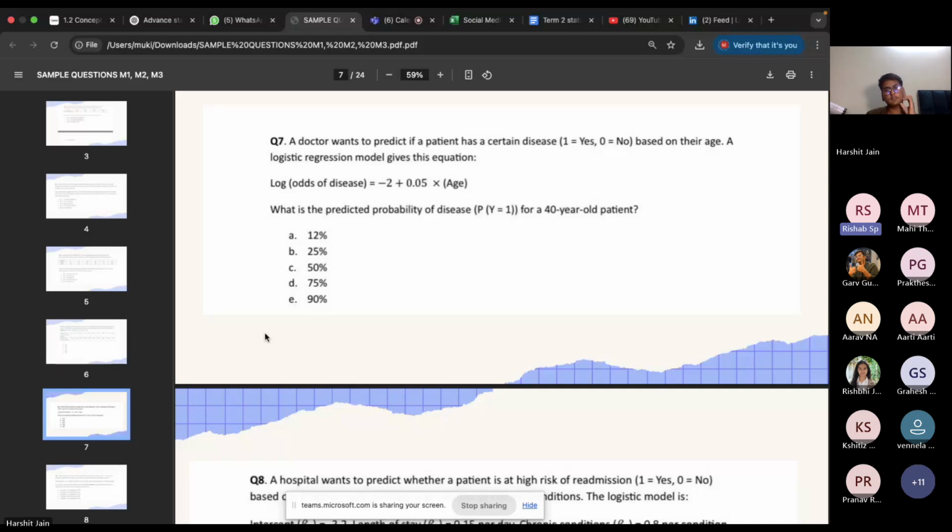Minus 2 plus 2 is equal to 0. So log odds is basically 0. We got the value of log odds already, right? So what's the equation? 1 by 1 plus e raised to minus log odds. So we directly put that value, 1 by 1 plus e raised to minus 0. So we'll get the answer as 1 divided by 1 plus 1, 1 by 2, which is equal to 0.5, 50% chance. Okay, Rishabh, thank you so much. Next question, Harshit.